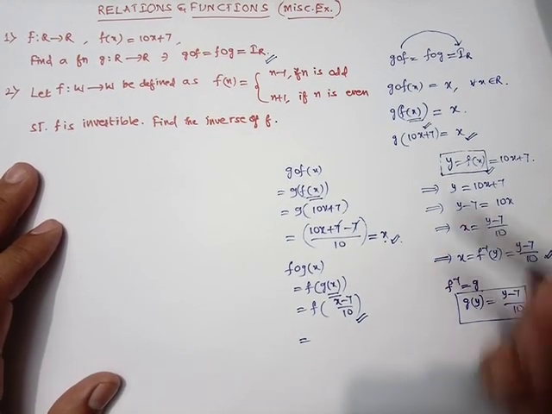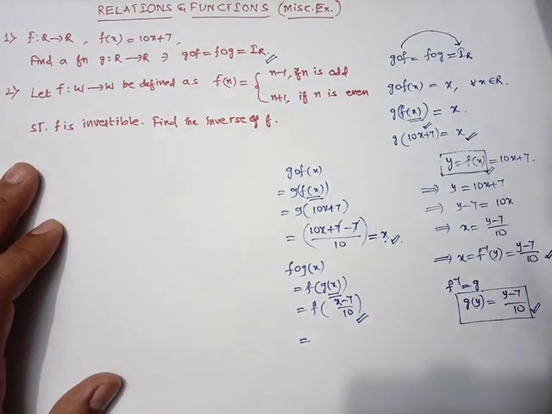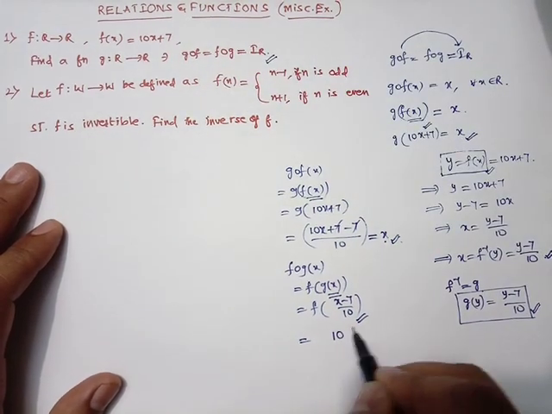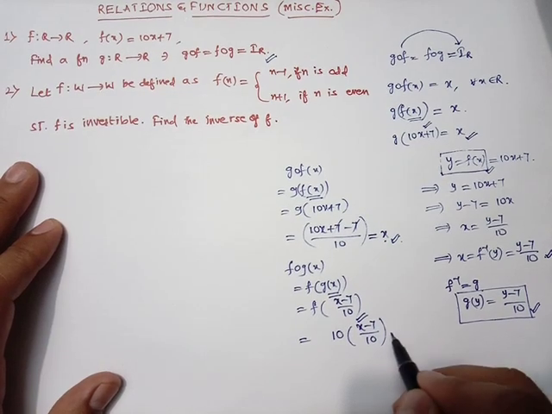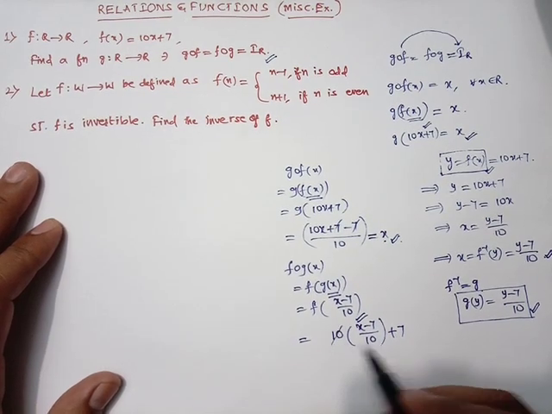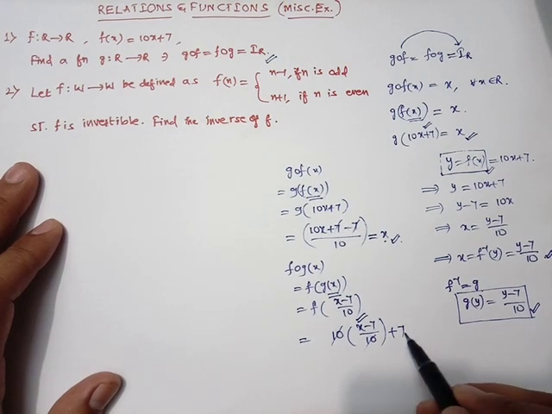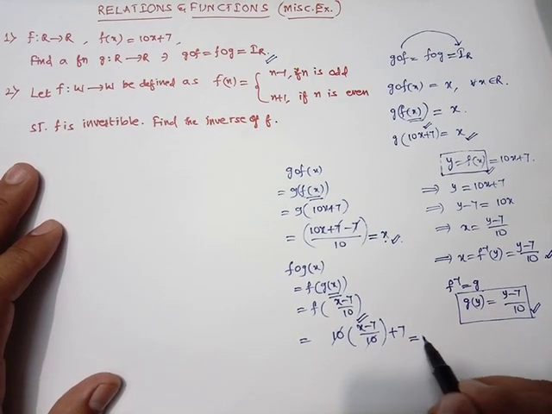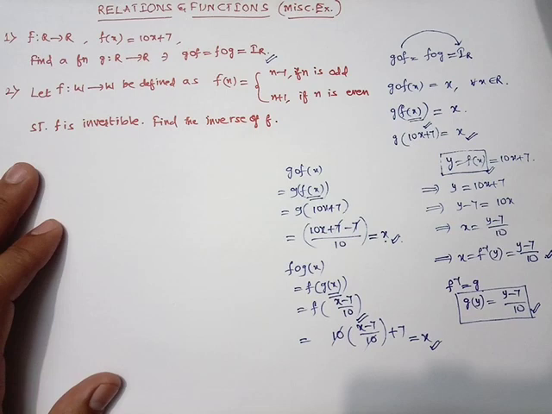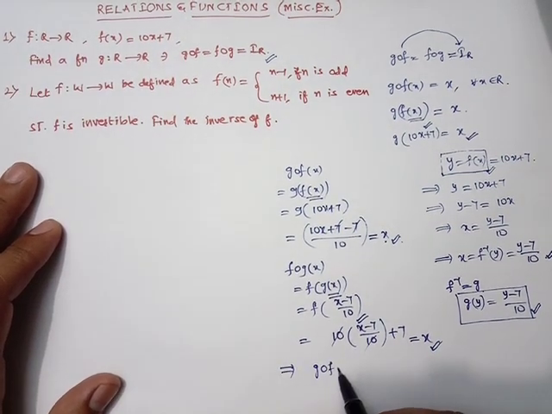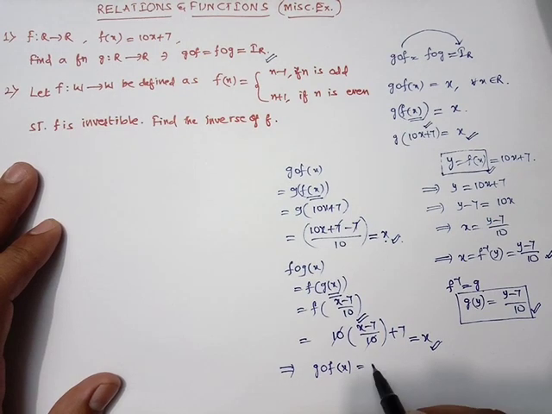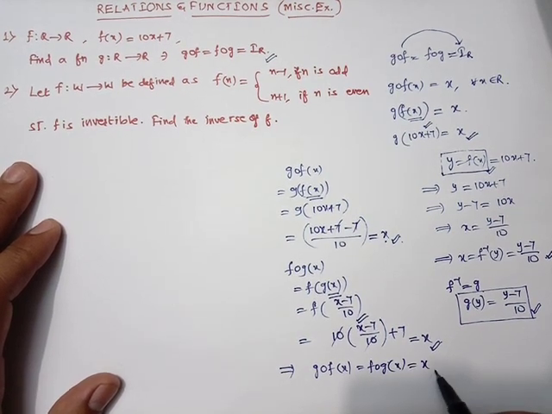Where is the function f? f is nothing but 10x + 7. So instead of x, write it as 10 times (x - 7)/10, plus 7. The 10 and 10 get cancelled, minus 7 plus 7 gets cancelled, and it equals x. So this time also you are getting x. This implies g∘f(x) = f∘g(x) = x. In both the cases you are getting x only.